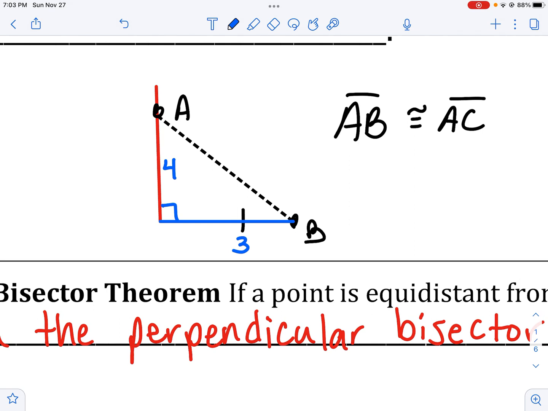Well, if I had 3 and 4 as the lengths of my triangle, if it's a right triangle, I know that I could find the hypotenuse using my Pythagorean theorem, and it would be a 3, 4, 5.